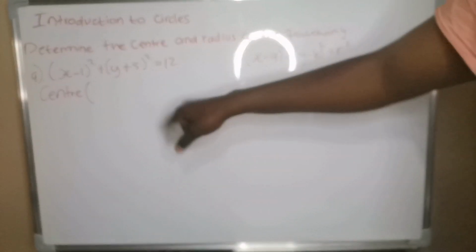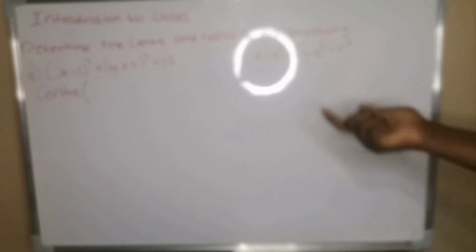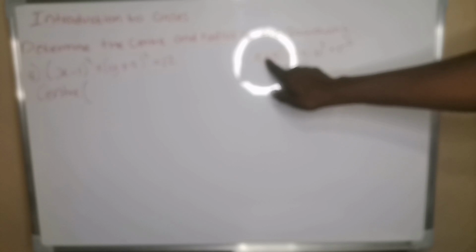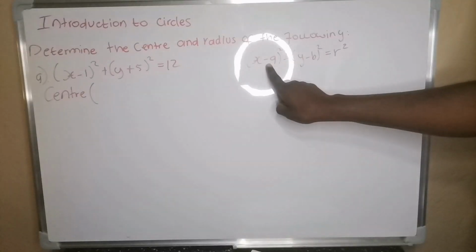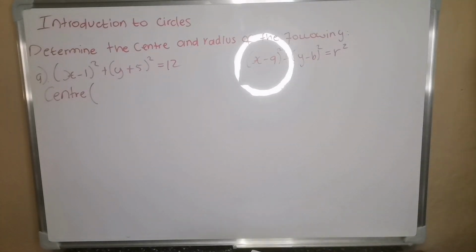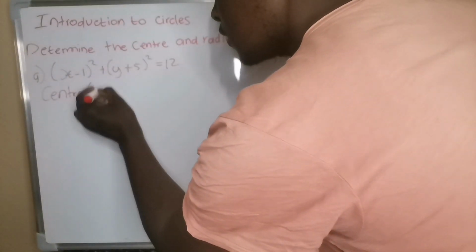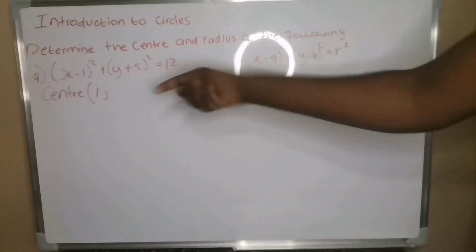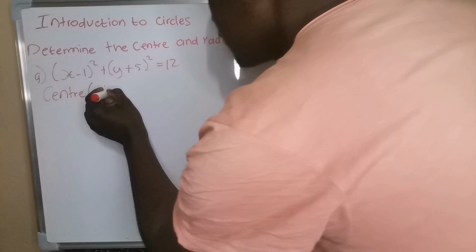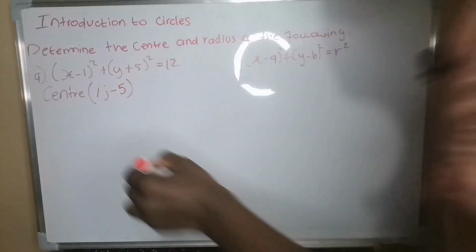When it comes out of the bracket, it changes sign, as it follows our standard equation. It's negative here, it's negative here. If we divide negative by negative, it is positive. Therefore, a is positive 1. Positive 5 divided by negative is negative, and we have b as negative 5.